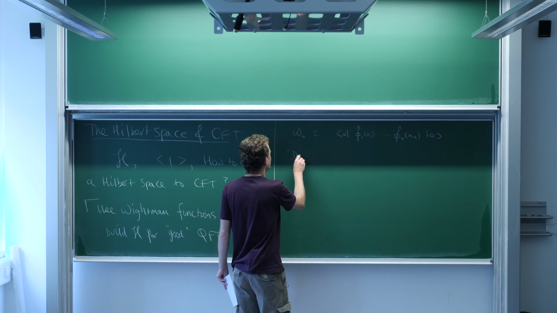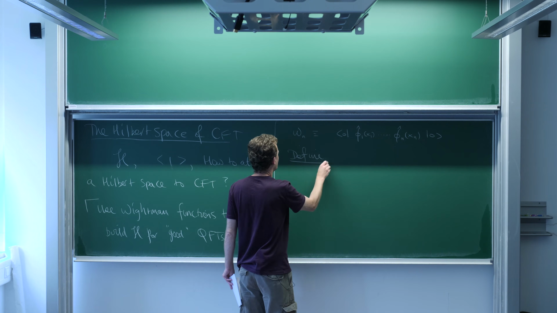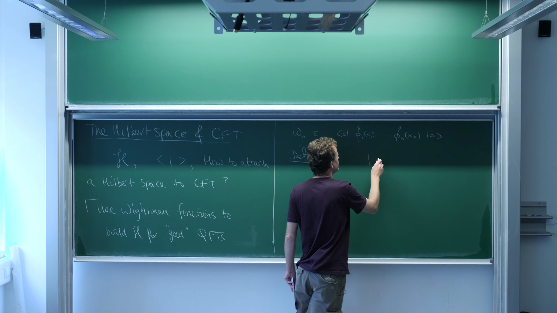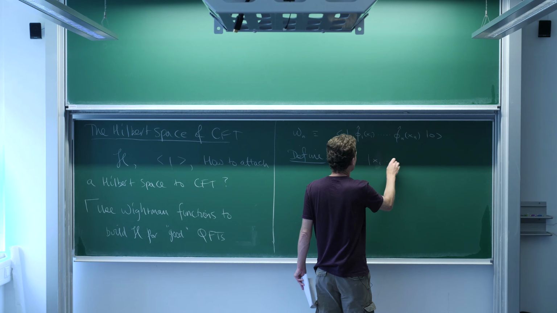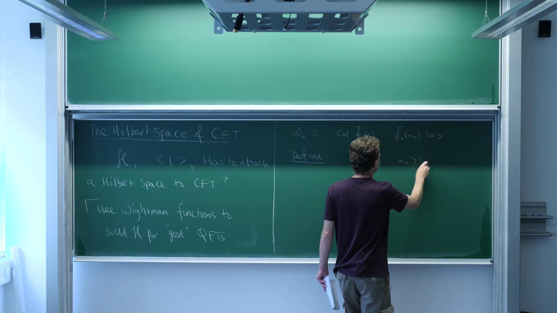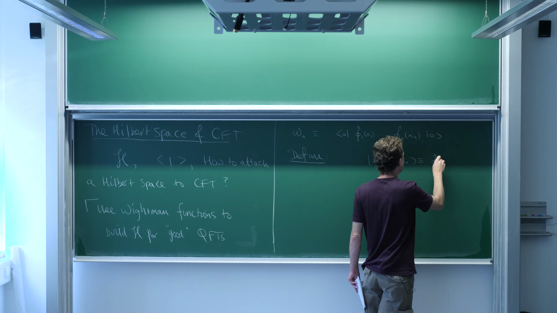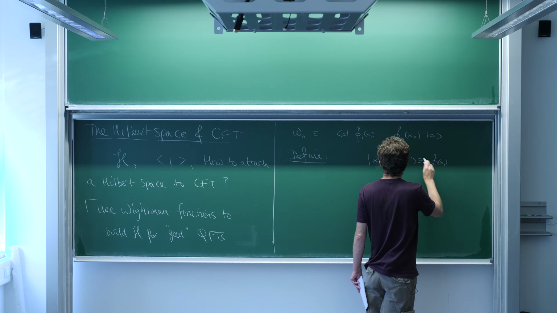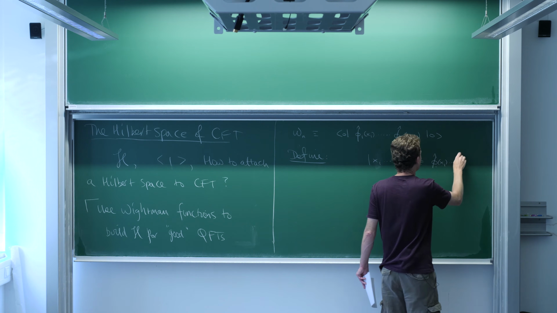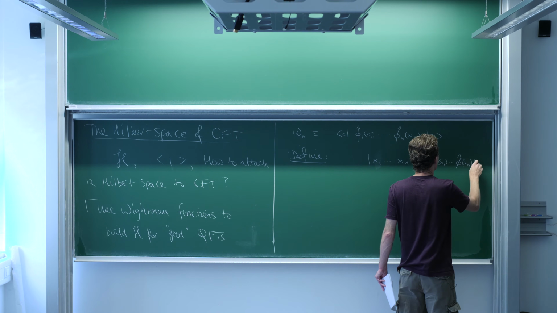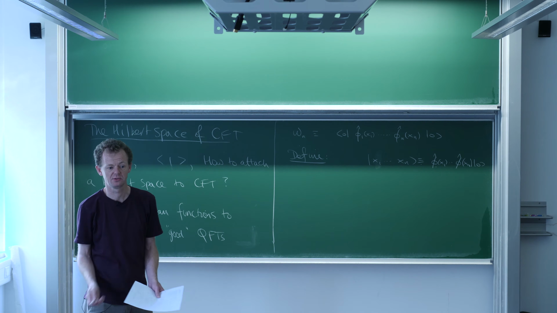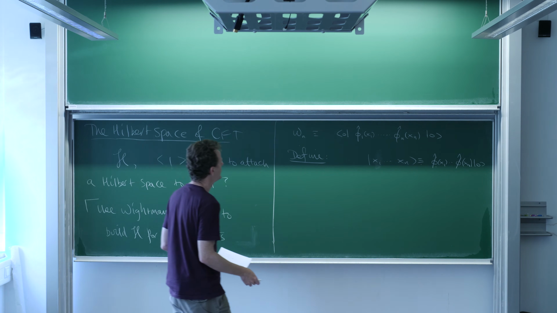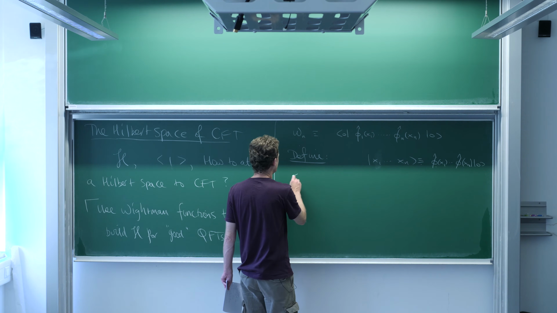We essentially define the Hilbert space like this, just by sticking fields in front of the vacuum, and we get an inner product.